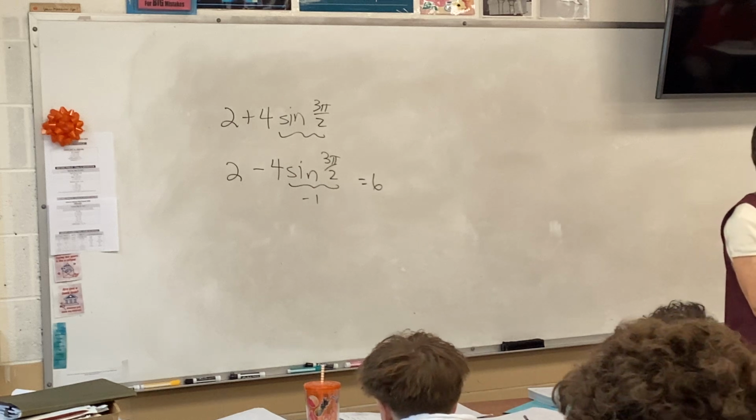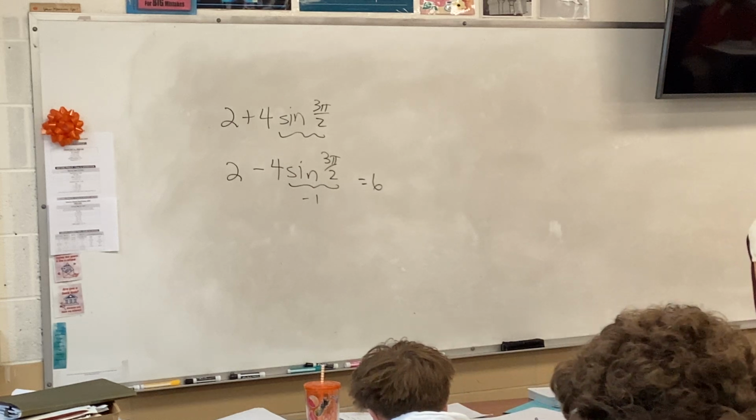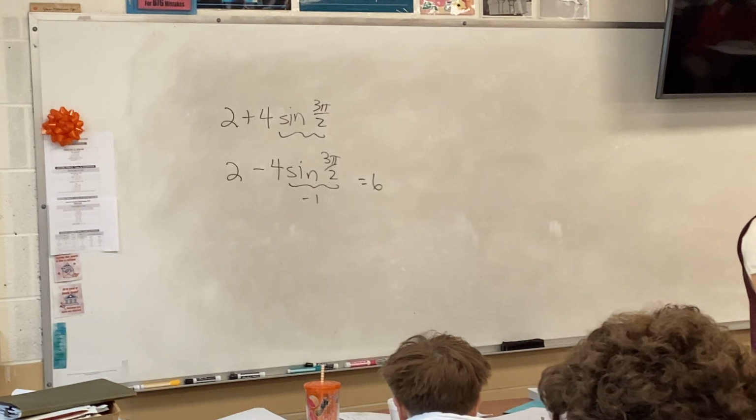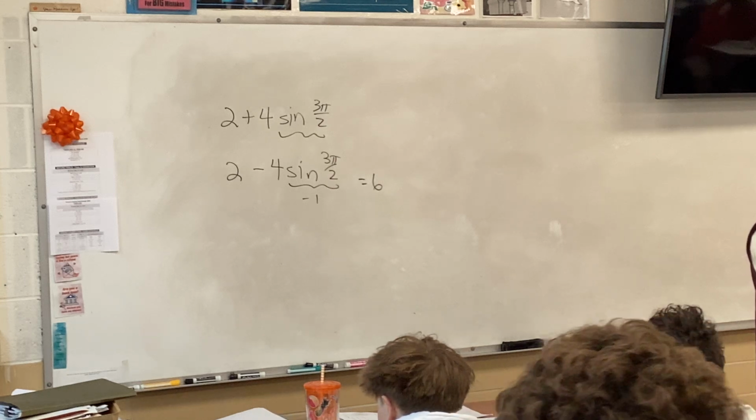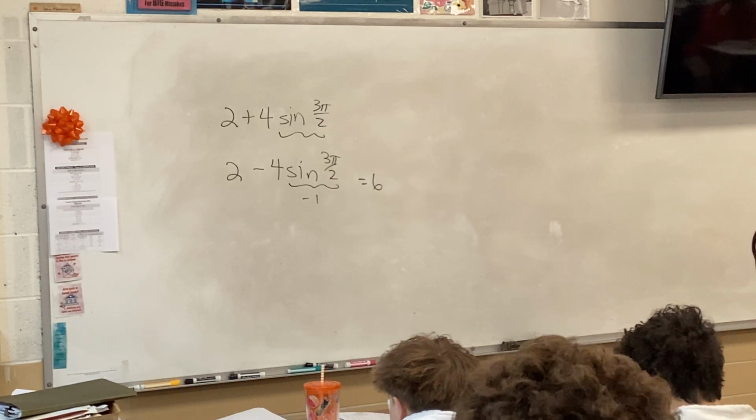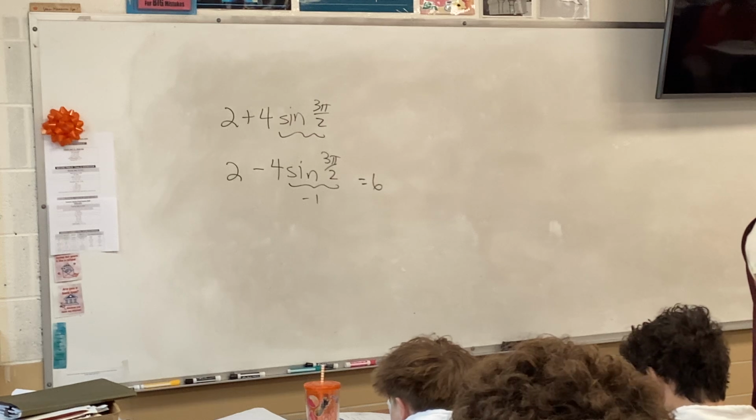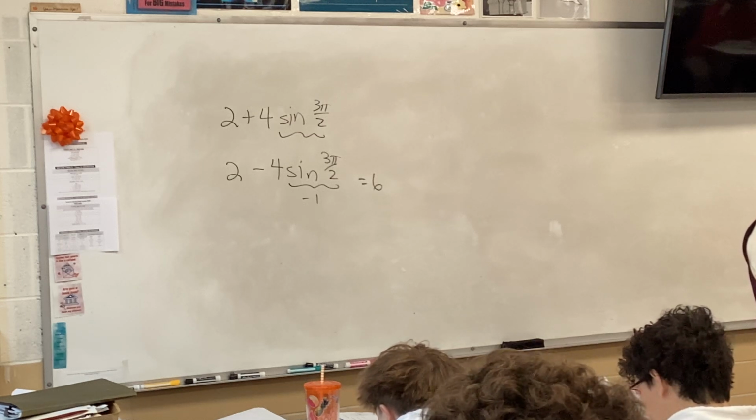So 0 to 2 pi would be the whole picture because it's a sine. They're asking, what part of it did I give you? I want you to think about this for a second.